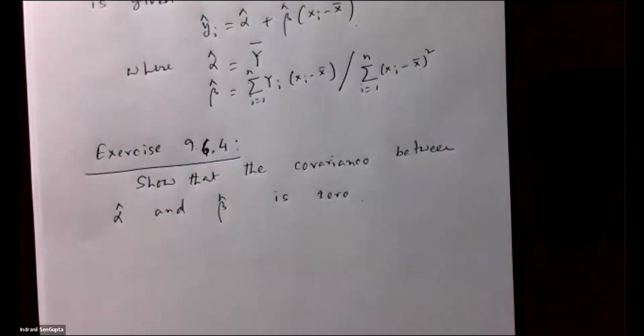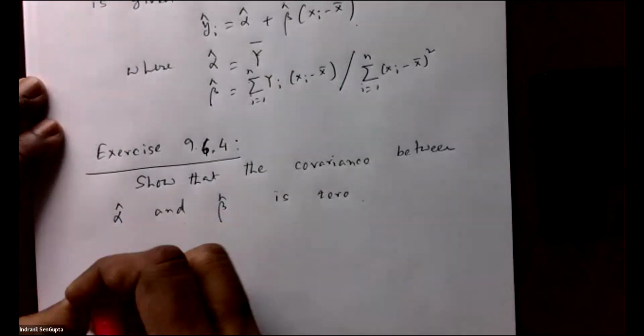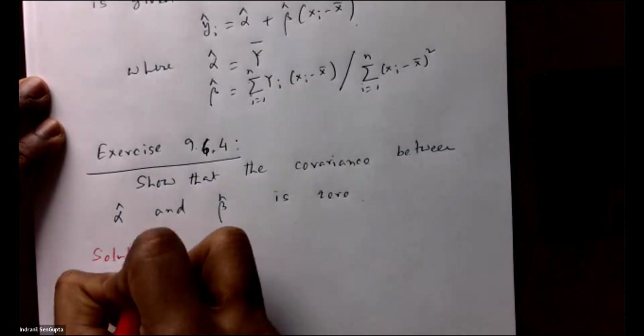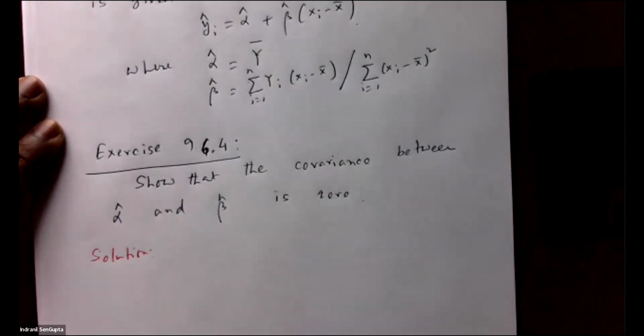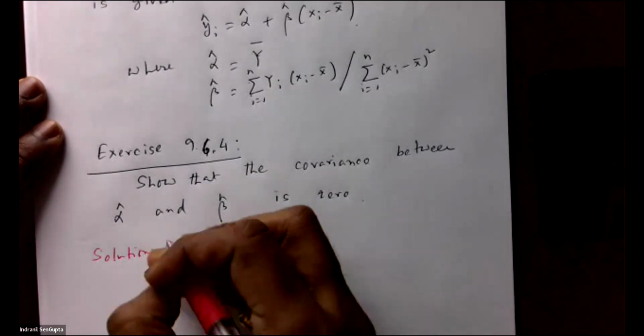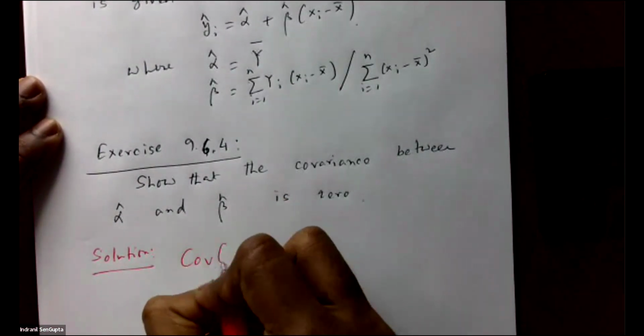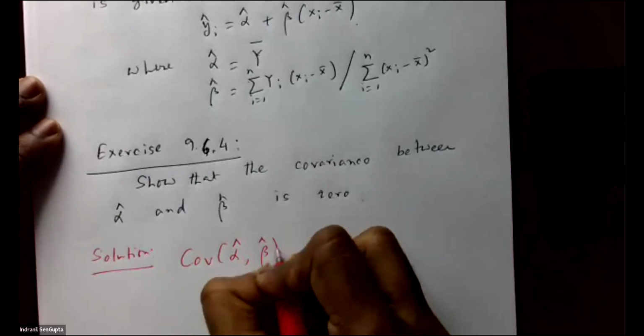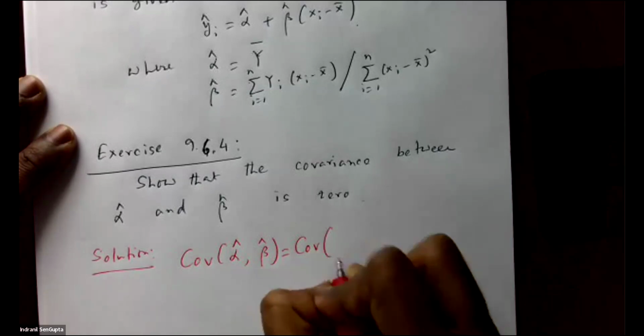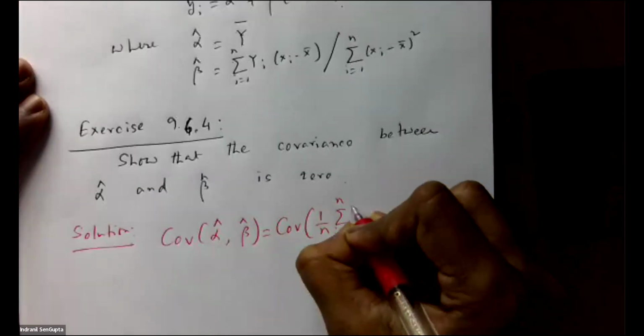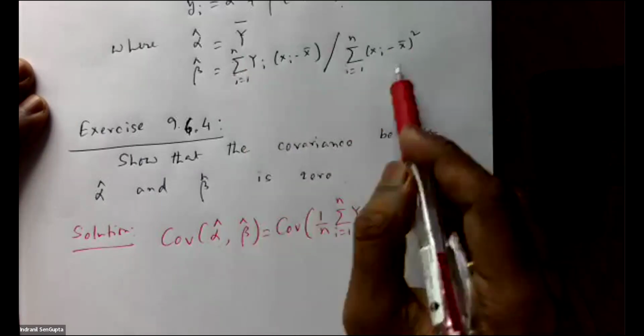So here is the solution. So let's compute the covariance. Covariance of alpha hat and beta hat really means we are trying to compute the covariance of summation i from 1 to n yi, and this quantity, right?